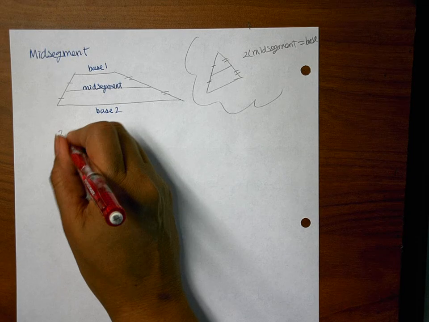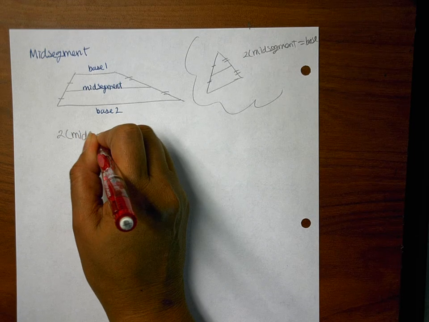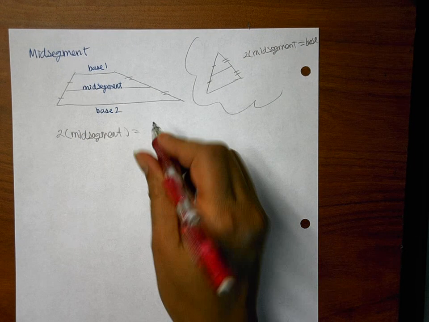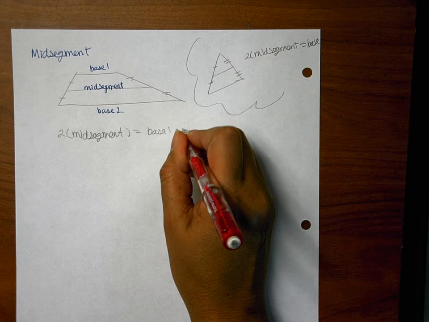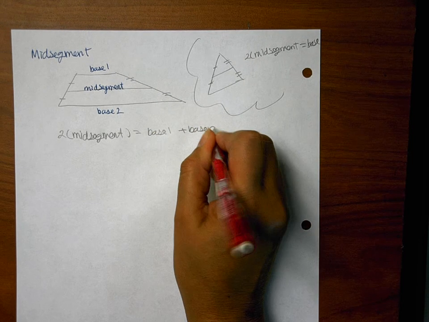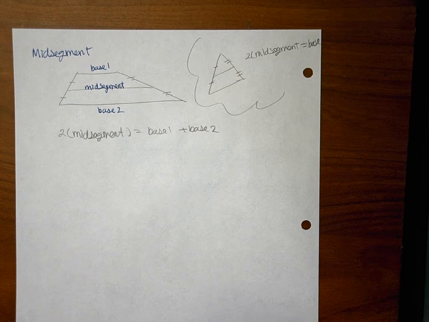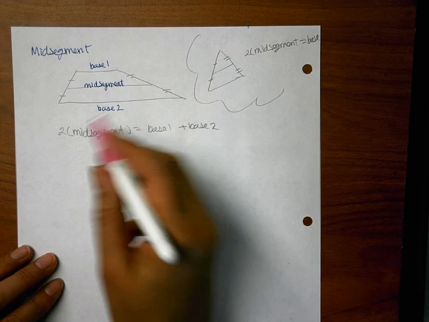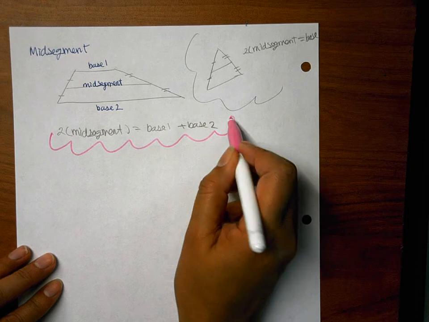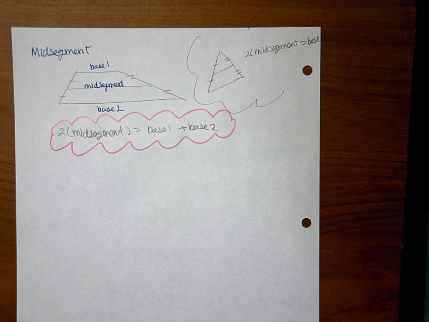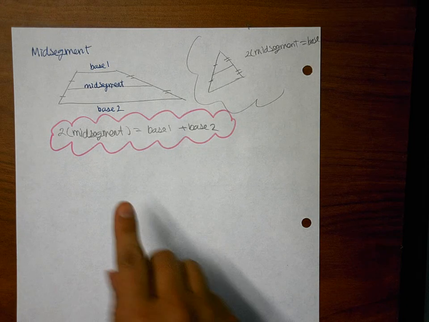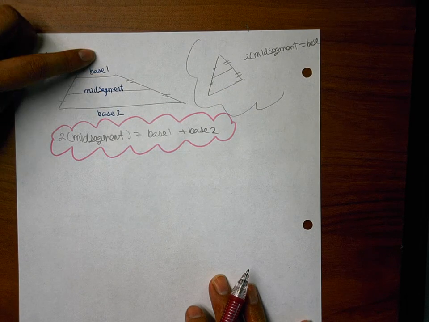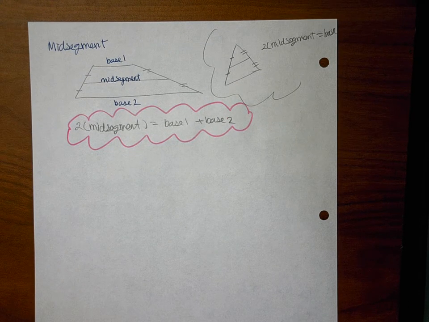Same thing, we're going to double the mid-segment to equal the base. Only thing is, there's two bases. There's a base 1 and base 2, so we add them together. Base 1 plus base 2. We didn't have to worry about it on triangles because there was only one base in reference to that mid-segment. But here, we're going to double. And again, just like before, those two will be parallel, as well as those two.